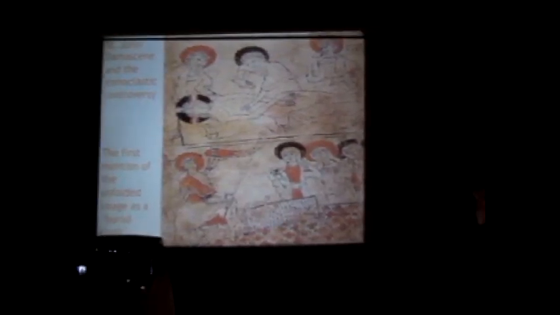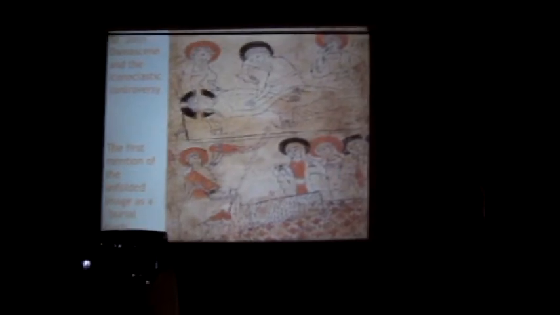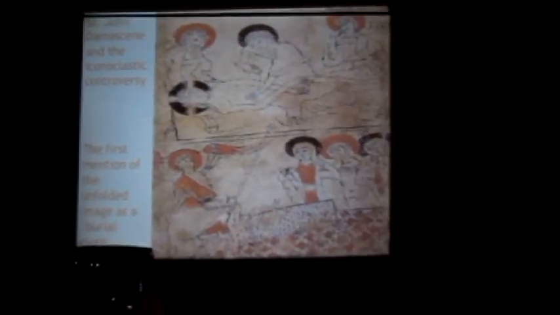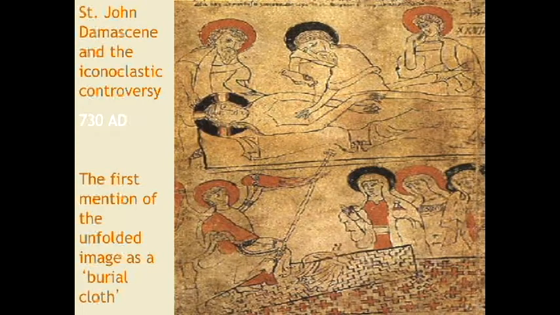St. John Damascene writes in 730 in his anti-iconoclastic thesis on holy images. He describes an oblong grave cloth which he had himself experienced, and this may be the first mention of it in the manuscripts that are historically extant, of the shroud being an actual grave cloth.